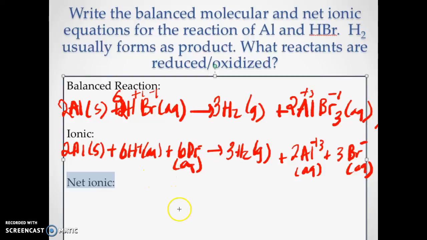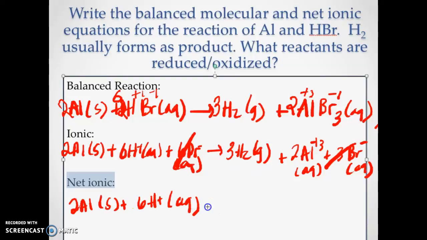So this is my ionic equation, and then my net ionic equation will be getting rid of the spectators, which in this case would be the Brs. Whatever is left, that's going to be your net ionic equation.